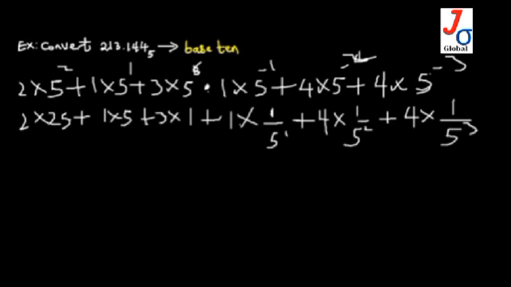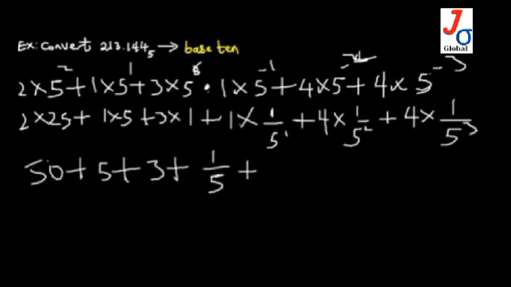All right, so 2 times 25 is 50, plus 5 plus 3, then plus 1 over 5, plus 4 times 1 is 4 over 5 raised to the power of 2 is 25. Then 4 times 1 is 4 all over 5 raised to the power of 3 is 125.